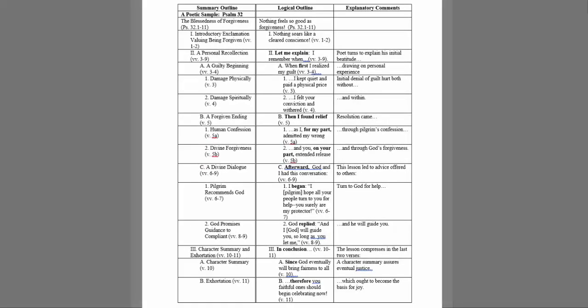This next example then shifts over to poetry. And in the main, you will find that this skill of logical outlining will harvest even greater results, greater benefits in poetry than it will in prose. Reason being, poetry tends to move into concepts, theological themes, rather than reporting events from which we extrapolate theology.